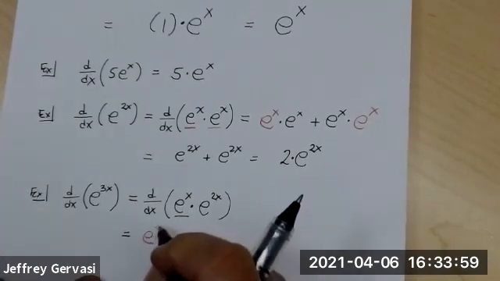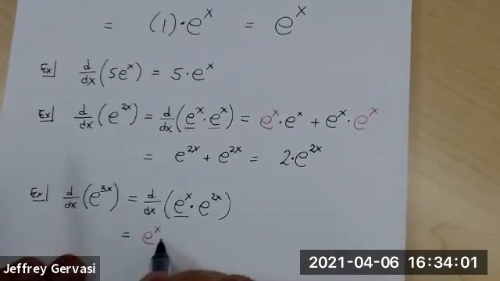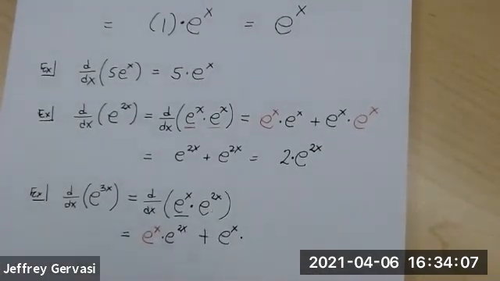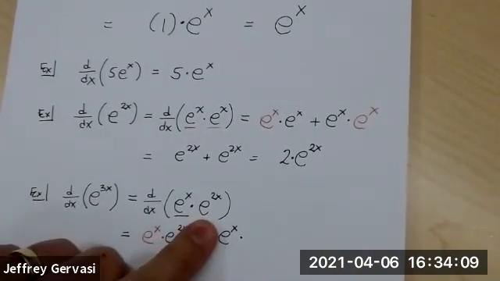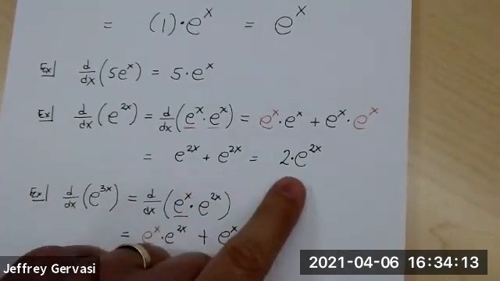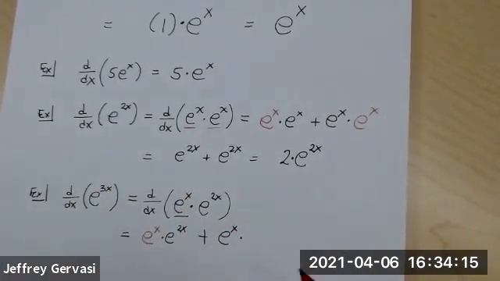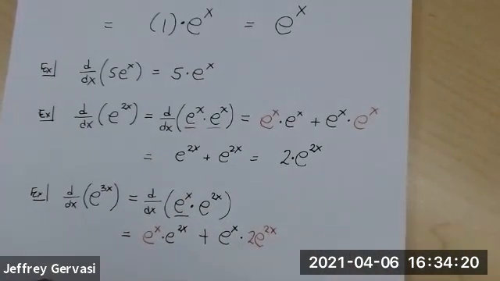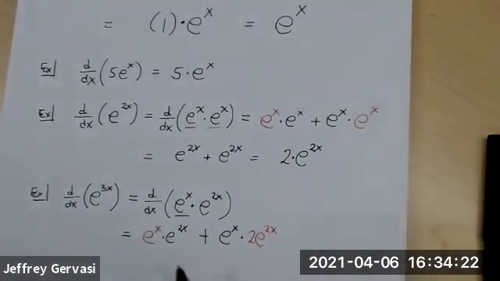Well, the derivative of the first factor is itself. Plus, then we take the derivative of the second factor, which is e to the 2x, and we just found that in the previous example, right? The derivative of e to the 2x is 2 times e to the 2x. Simplify.